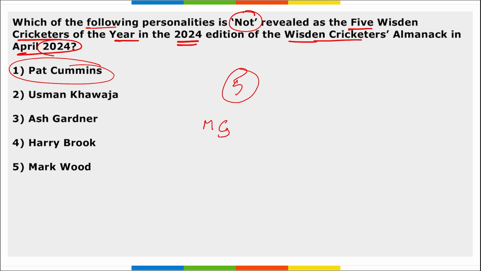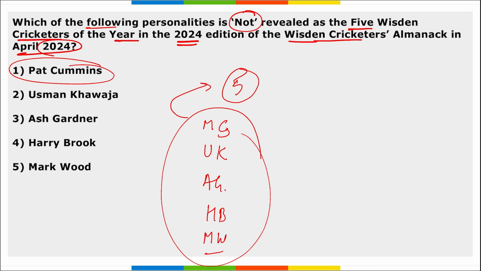Mitchell Starc, Usman Khawaja, Ash Gardner, Harry Brook, and Mark Wood. Who all are from Australia here? Mitchell Starc, Usman Khawaja, and Ash Gardner. And Harry Brook and Mark Wood are from England.